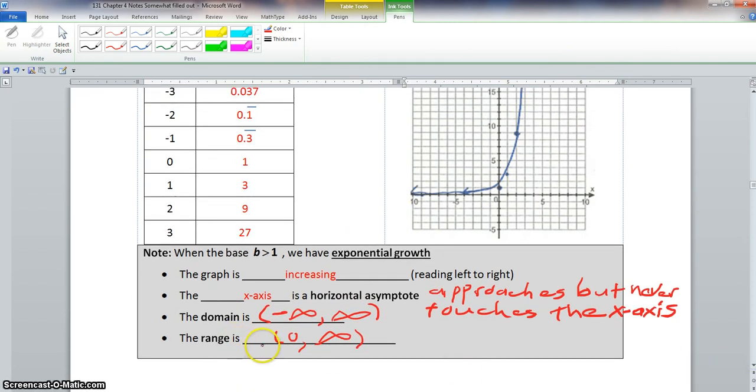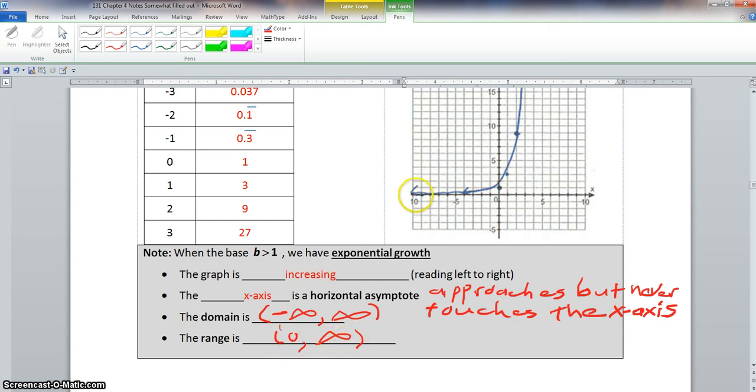Now it says the range. Since our lowest y value is 0, our range actually is a little bit above 0. So our range is from 0 to positive infinity.